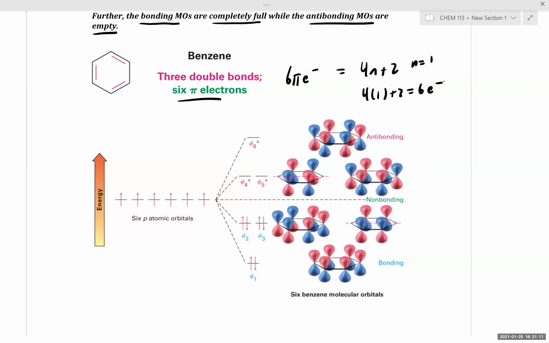What does the n represent again for 4n plus 2? N is just any integer whole number. 1, 2, 3, 4. And the 4n plus 2 describes a pattern of common electron counts that you see for aromatic systems. Does that make sense? Yes, it does. Perfect.